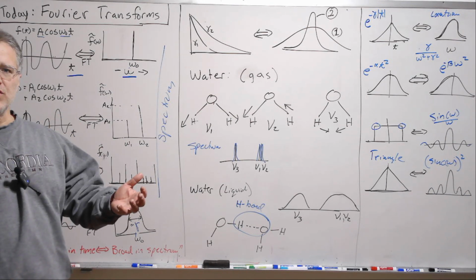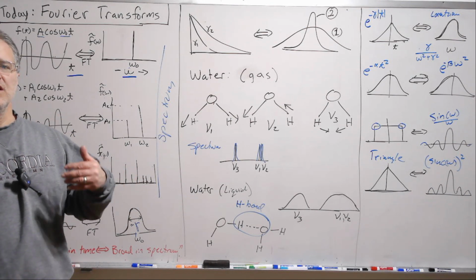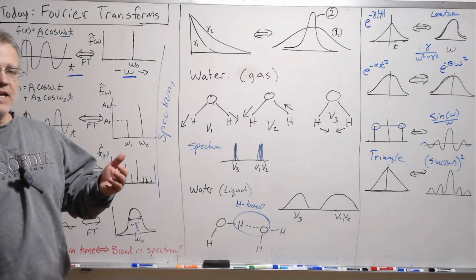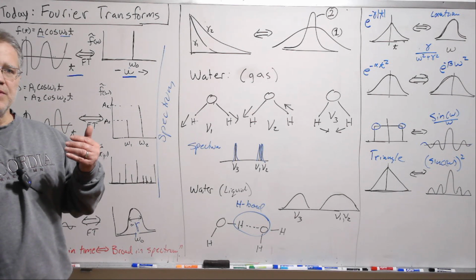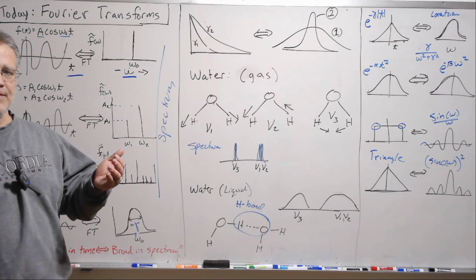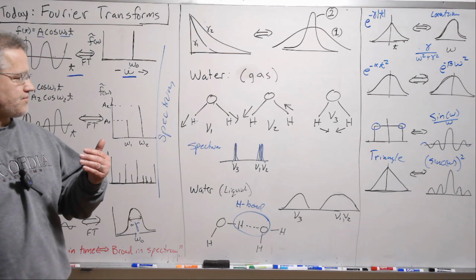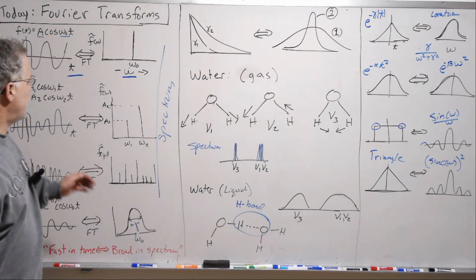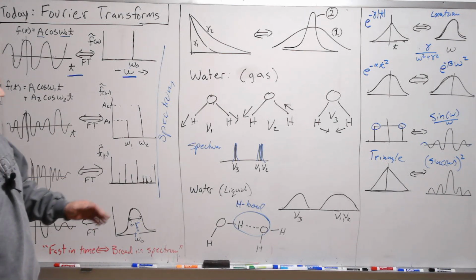A function is broken down into its various oscillating components, sine and cosine. If something decays fast in time, it's broad in spectra. And we can use the spectra to easily identify from a mess of vibrations.